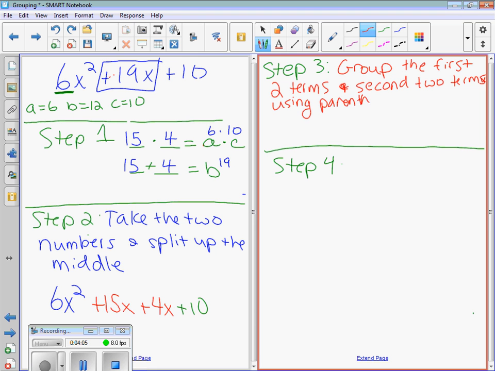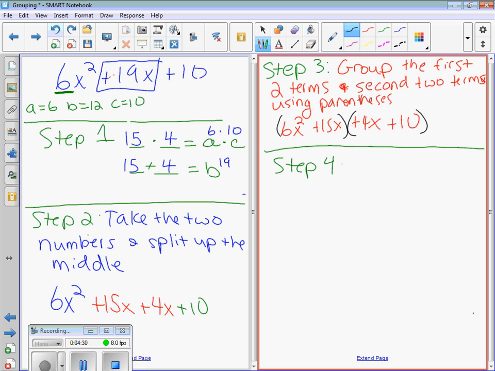Basically, you are just splitting them from each other. So you have 6x squared plus 15x plus 4x plus 10. We are going to split them here and there. Actually, that positive needs to be in there. Alright, so we've grouped them.